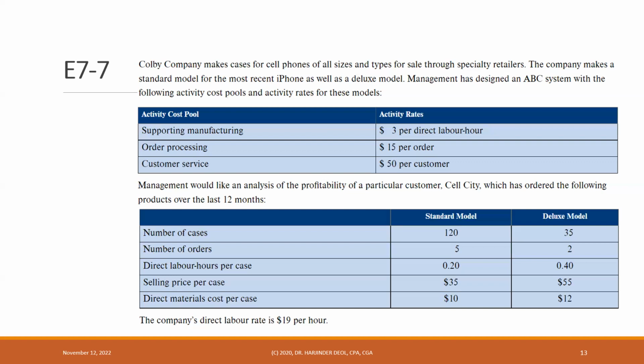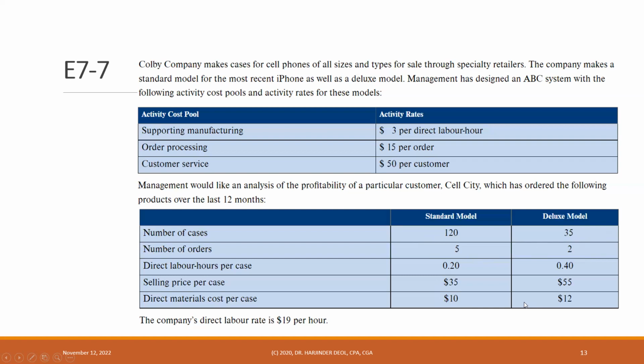So if you think about profitability analysis, profitability is about determining the customer margin. And for customer margin, what we would like to do is calculate the total sales to this customer and then subtract all the costs pertaining to serving the customer. Since we are selling cases, these cases come at a cost to produce.